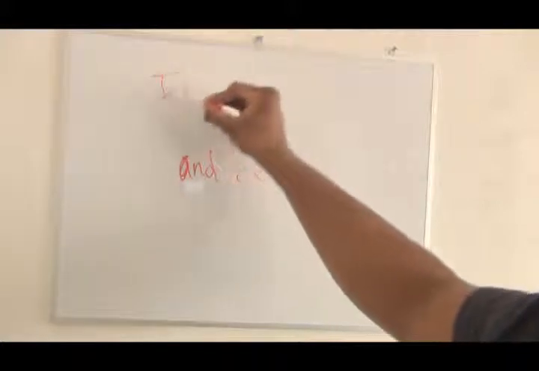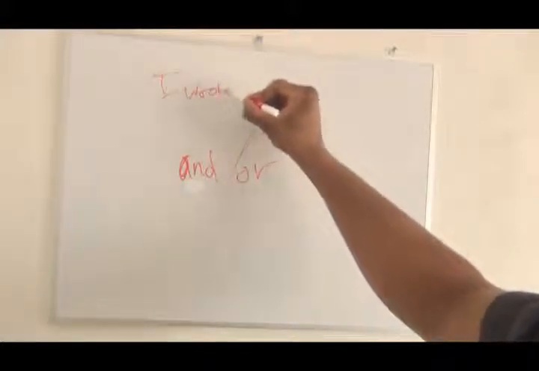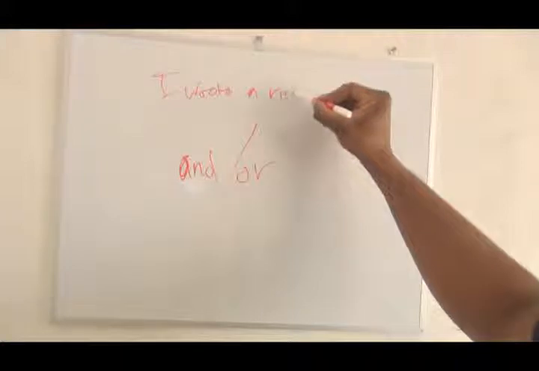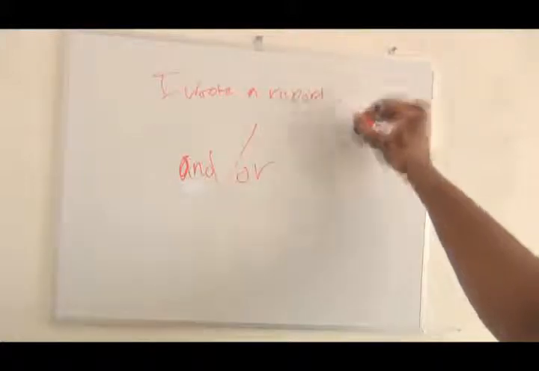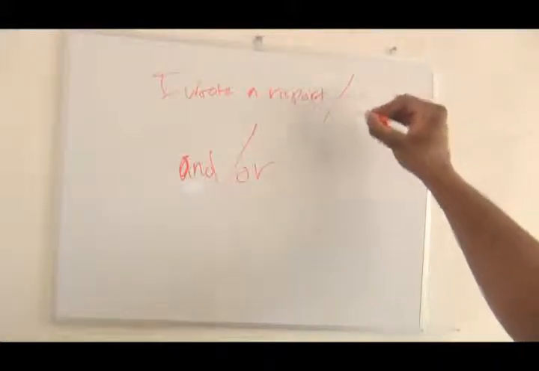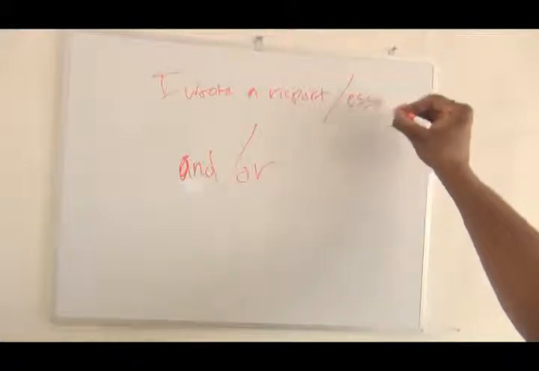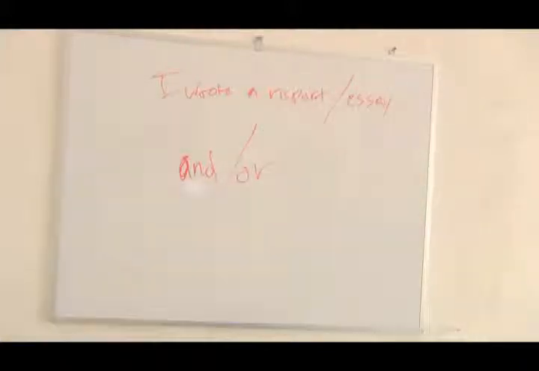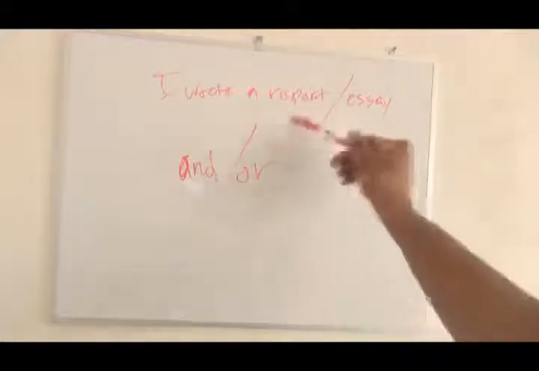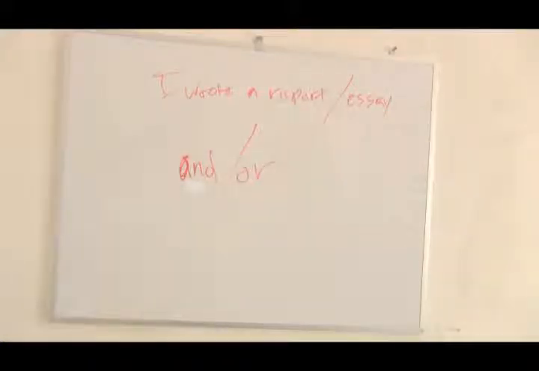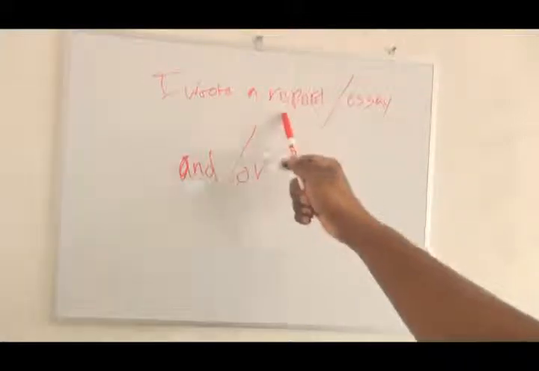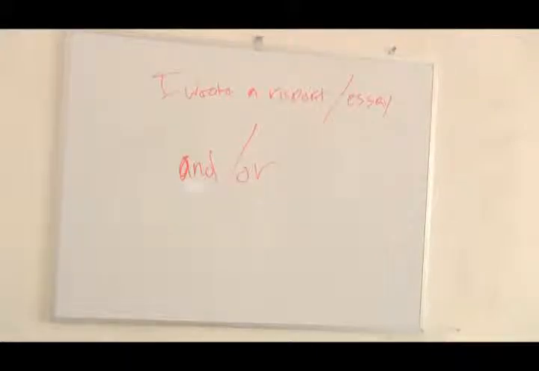Like, I wrote a report/essay. It's either/or. It's and/or. You see what I'm saying? Because an essay could be used as a reporting tool, and a report can be written in the style of an essay. See what I'm saying? Some reports do have a thesis statement, but that's something different.